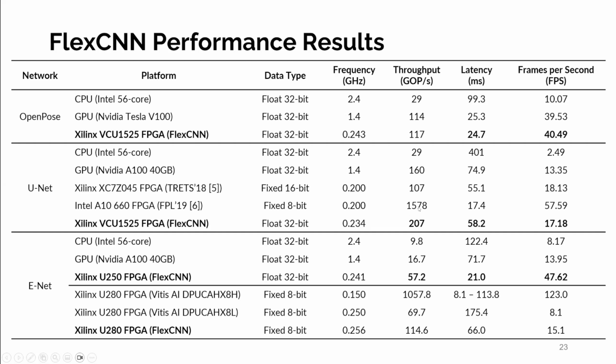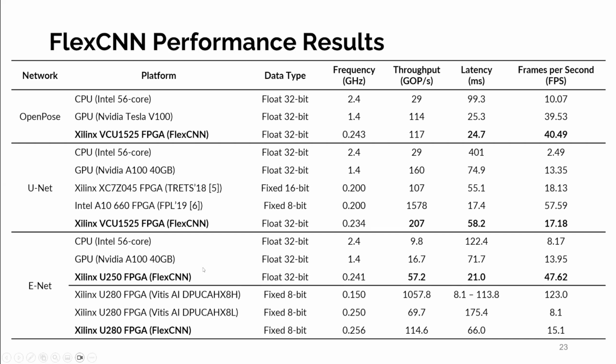So the fixed 8-bit work achieved the highest performance, but our float 32-bit still achieves better performance than the 16-bit fixed point. For the ENet, we compared with the CPU and GPU with float 32-bit. We see that we can have the best performance compared to both CPU and GPU.